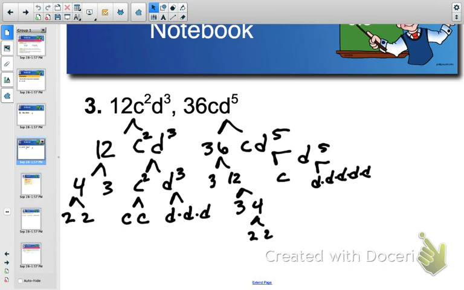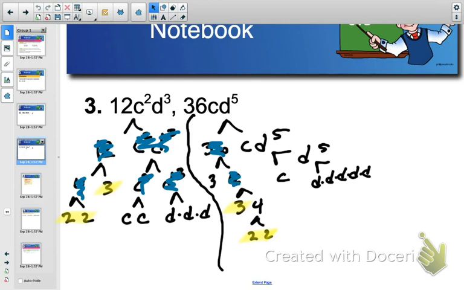Okay, let me separate these a little better. All right, so how many 2's do they have in common? They both have 2 here, 2 here. Both have 3's. All these ones that we've broken down, like this 4, the 12, these are all gone. So we're only looking at the ones that are remaining.